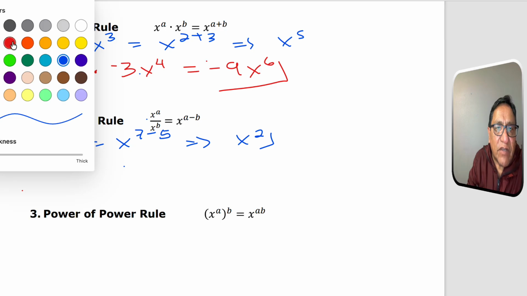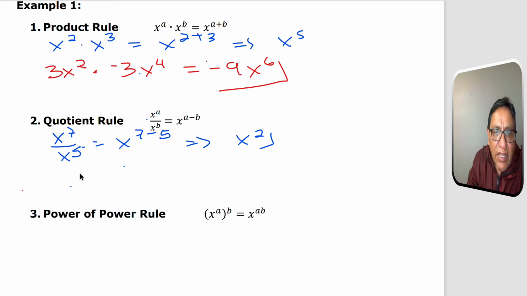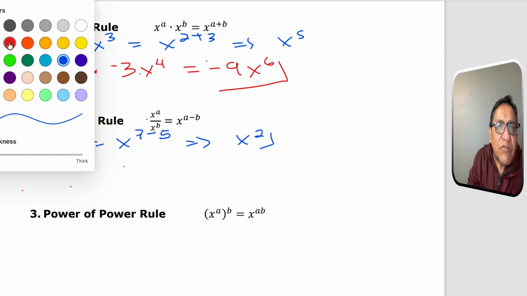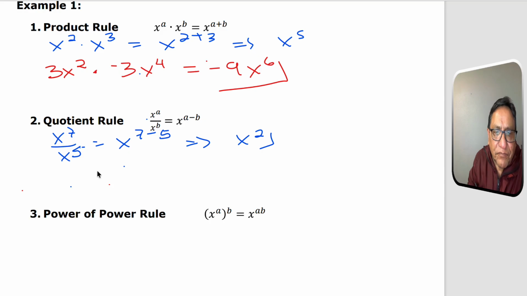Sometimes you will have a situation like, for example, negative 4. Let me change colors so we can see the difference. So sometimes you will have, for example, negative 4 x to the power 8, divided, let's make it easy, by 2 x to the power 5.